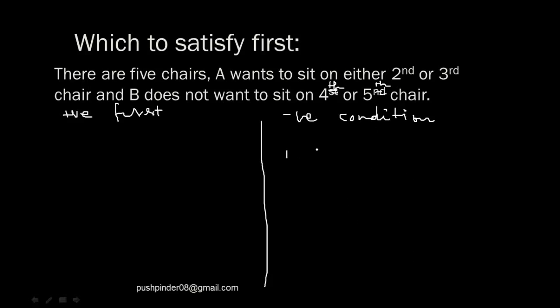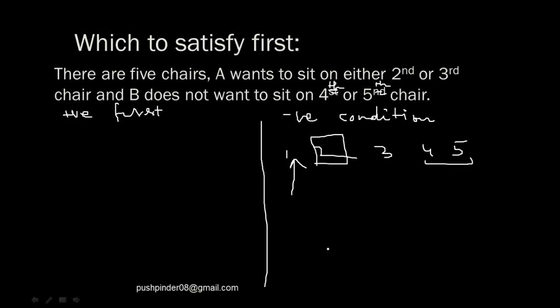Now these are 5 chairs: chair number 1, 2, 3, 4, 5. Now let's suppose B sits on the second chair, right? Now if B sits on the second chair, then A has only one choice left, which is wrong.